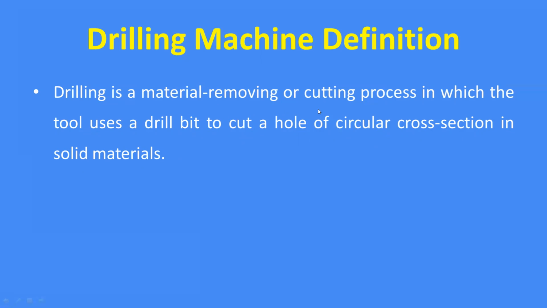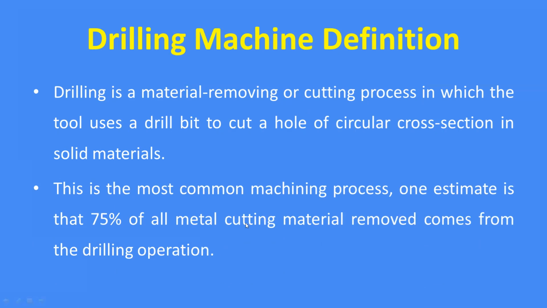It is a material removal process. How is it removing? By means of a tool bit. Where is it removing? In solid materials, in the form of a circular cross section. So these three are the basic terms to be remembered: what, how and where.